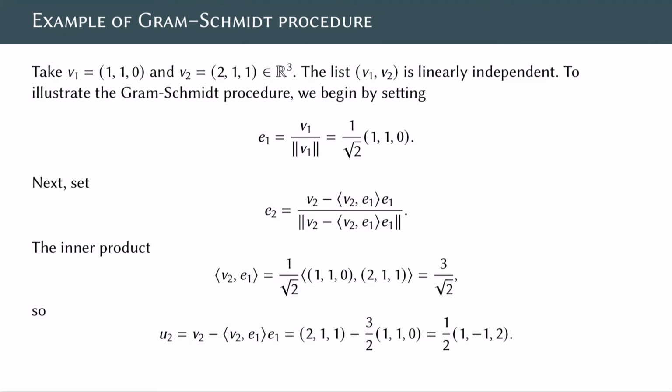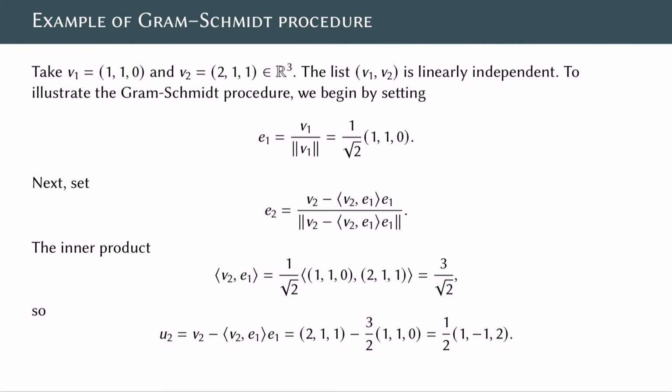Let's just compute the inner product of V2 with E1 first, because we need it for this entire thing. Inner product of V2 with E1 is just 1 by root 2 times the inner product of (1, 1, 0) and (2, 2, 1), which is easily seen to be 3 by root 2. So when you do U2 equal to V2 minus inner product of V2 with E1 times E1, you get (2, 2, 1) minus 3 by 2 times (1, 1, 0), which is just half of (1, minus 1, 2).